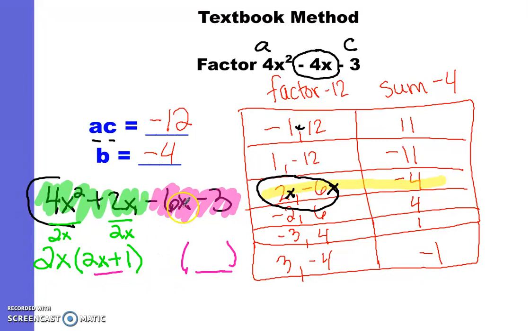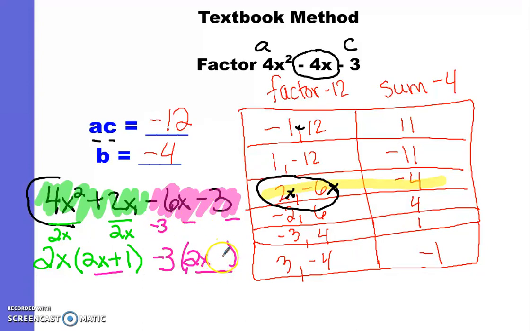But what can I divide out of both of these? Well, I can divide out a negative 3. So the negative 3 is going to go on the outside. Negative 6 divided by negative 3 is 2x. I can't take an x out of both of them because not both of them have an x in them.